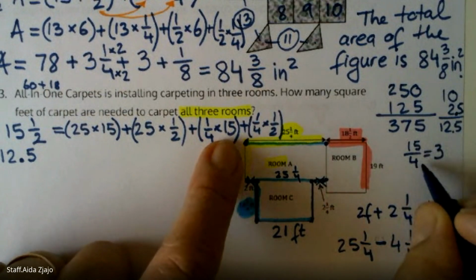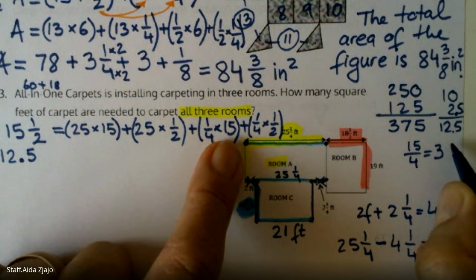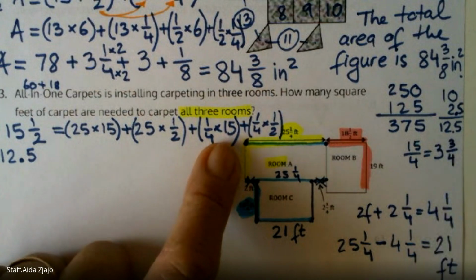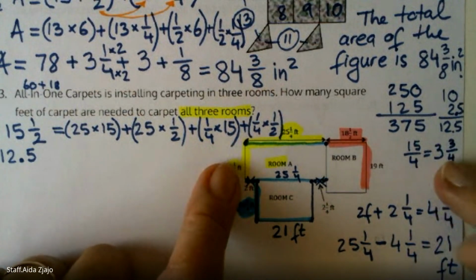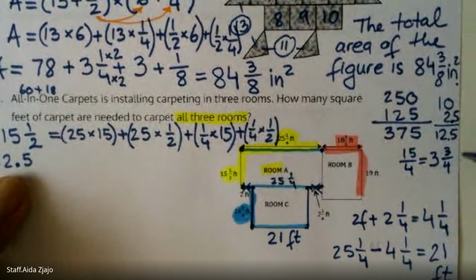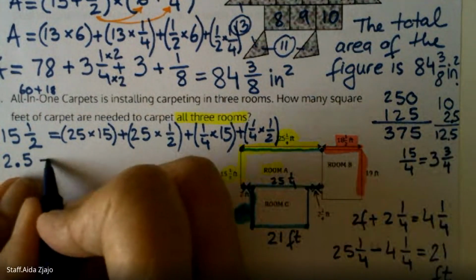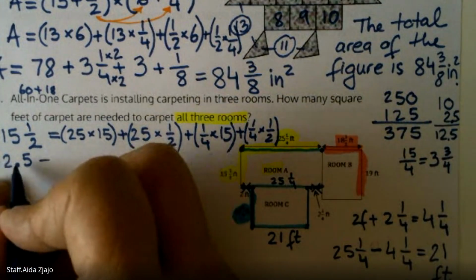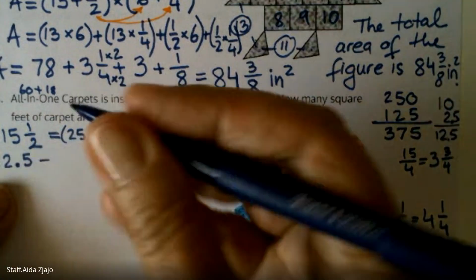So 12/4 will make me 3 wholes, and I will have 3/4 left. If I change this into decimals, 3/4 would be 3.75, because 1/4 is 0.25, 2/4 is 0.50, and 3/4 is 0.75. But I won't do that. I will just stick with the fractions.